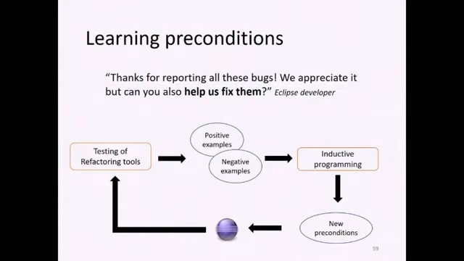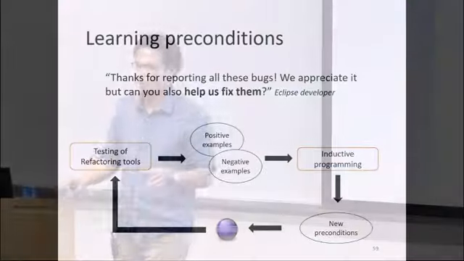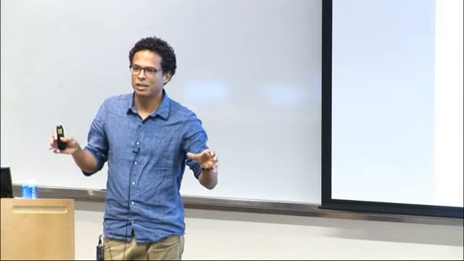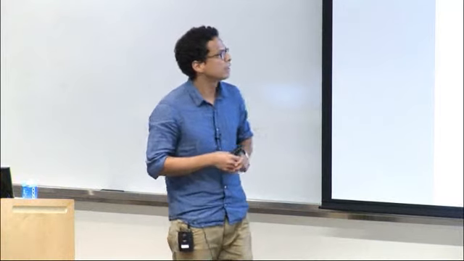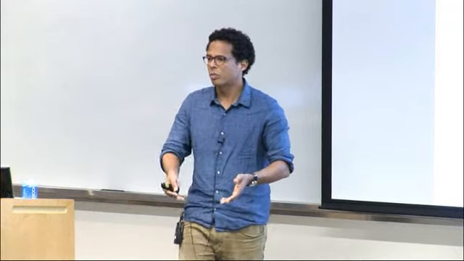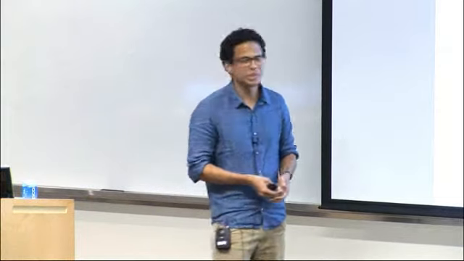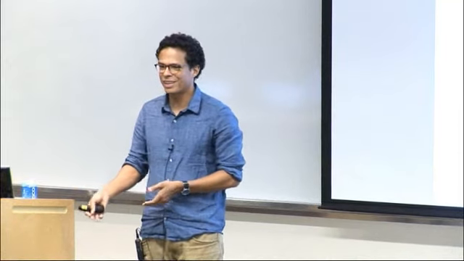The first one, a natural idea that I had from these two past works, is how we can combine both of them. We reported a lot of bugs to Eclipse developers, and they said, "Oh, nice, thanks for reporting these bugs, but can you also help me fix them?